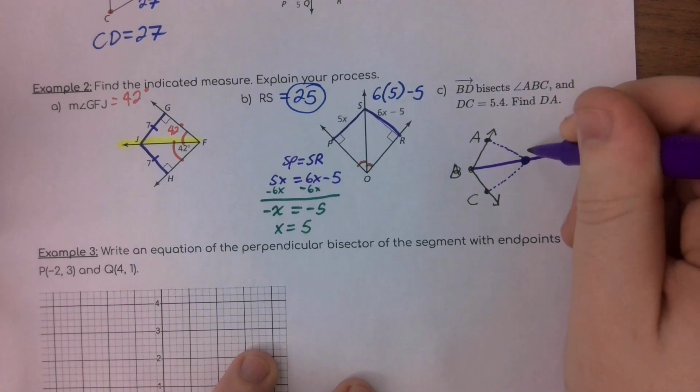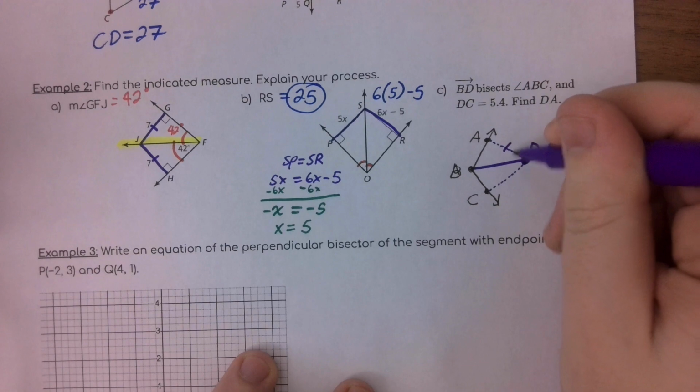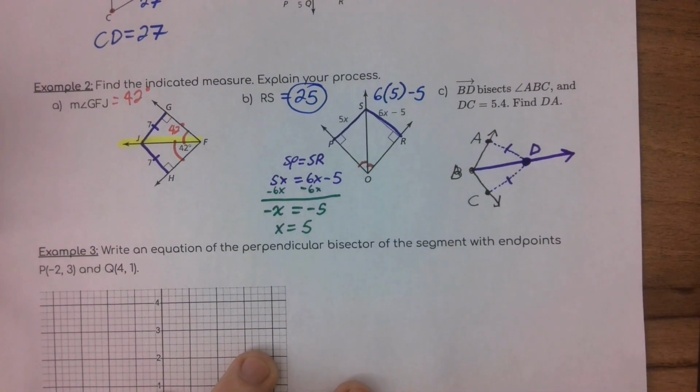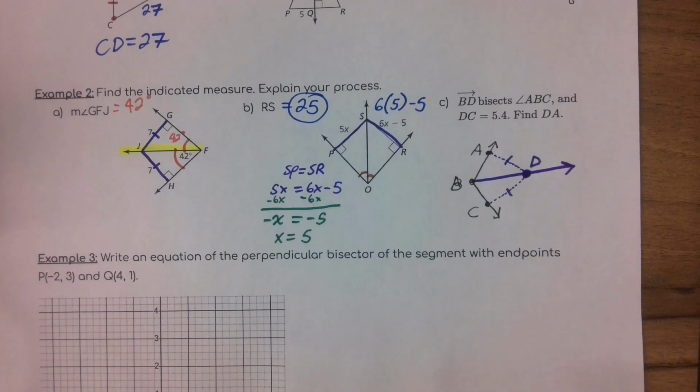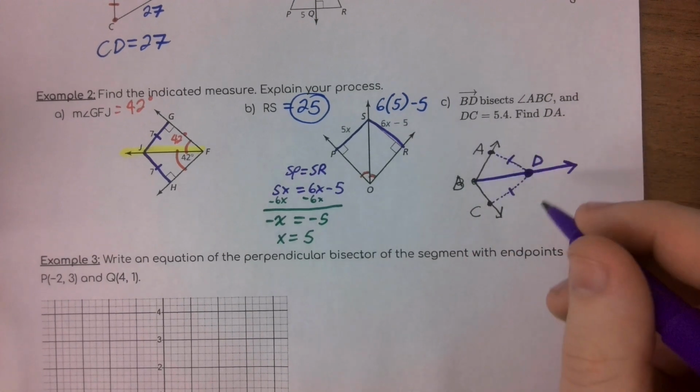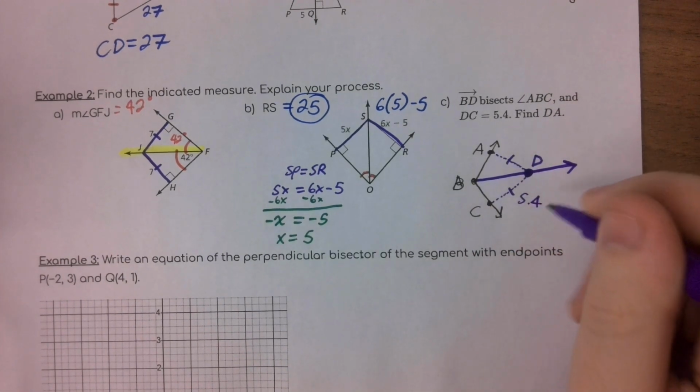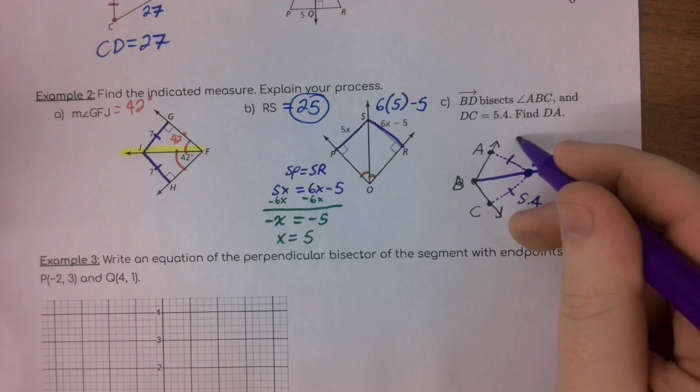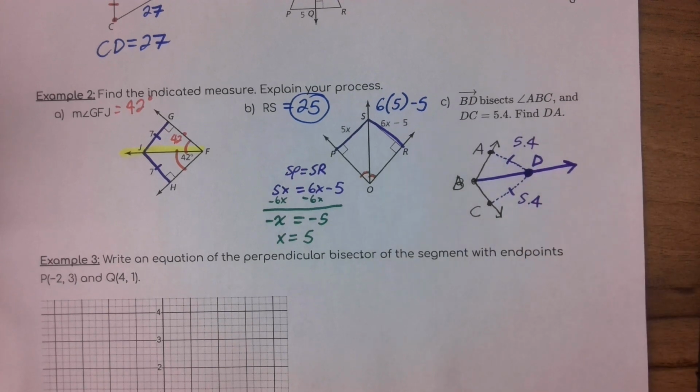BD is the name of this ray. And we know that these two are the same. If DC equals 5.4, then DA should also be 5.4. Very nice.